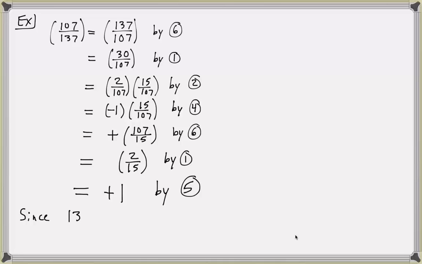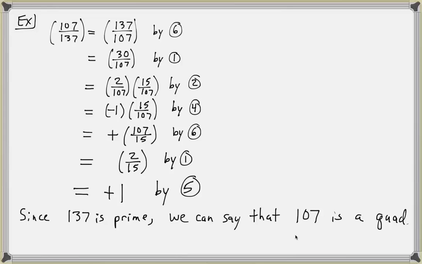So it's interesting, we can still use the properties of Jacobi symbols to evaluate Legendre symbols, and if we started out with a Legendre symbol, we still can deduce quadratic residues or quadratic non-residues using the final answer.